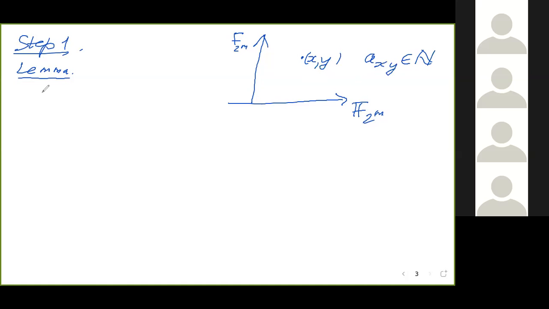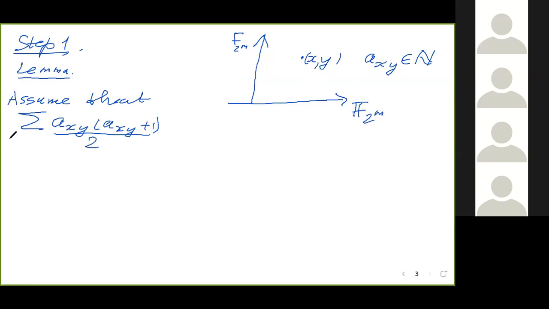Assume that the sum of all multiplicities times multiplicity plus 1 over 2, over all possible x and y in the field, is smaller than d squared over 2k.